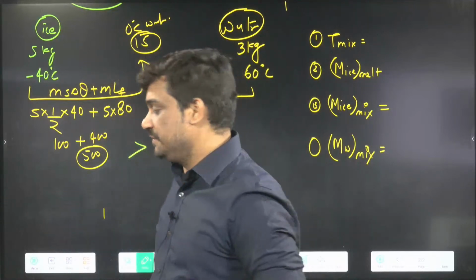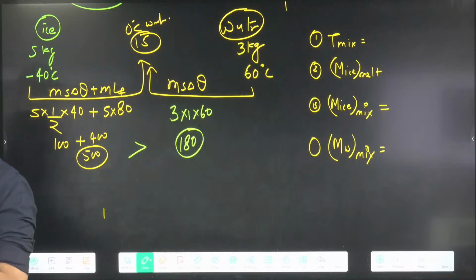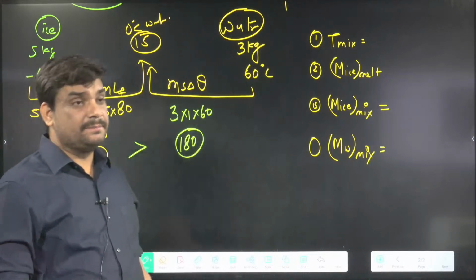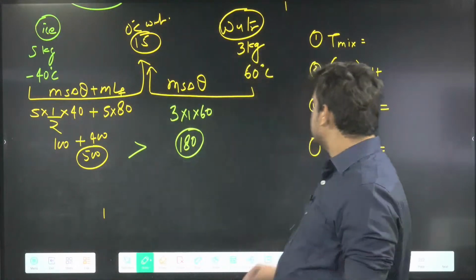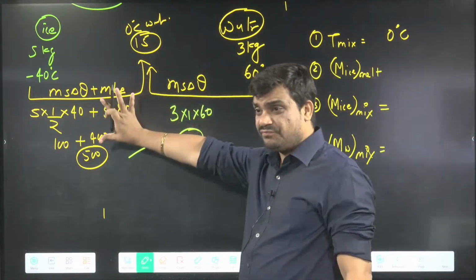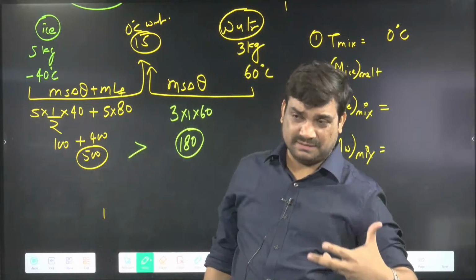In these questions, most probably the temperature of the mixture is going to be 0 degrees Celsius. So both are there, and the temperature is going to be 0 degrees Celsius, because we are able to figure out that the total ice will not melt, partial melting will be there.